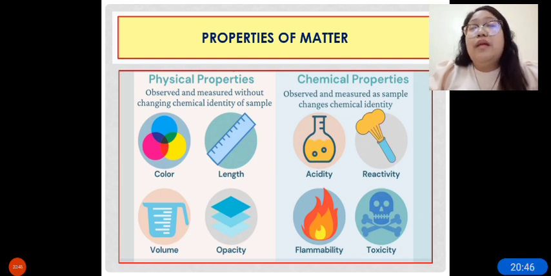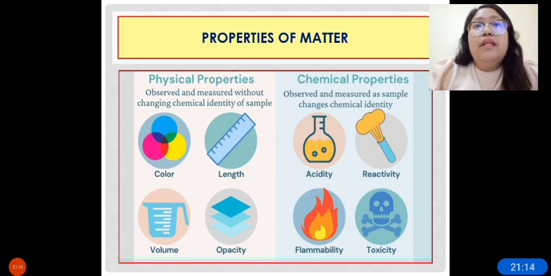Say, for example, lemon juice is acidic, while baking soda is basic. And in terms of reactivity, this is a measure of how readily a substance undergoes a chemical reaction. For example, sodium is highly reactive, while gold is not highly reactive.